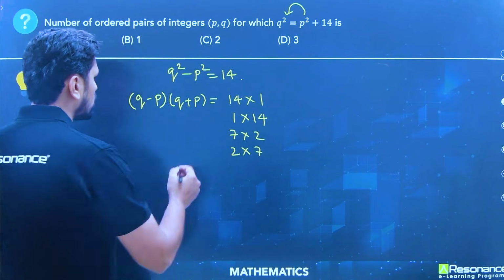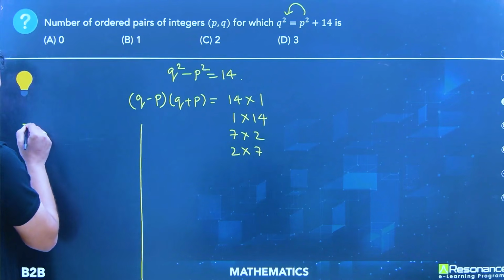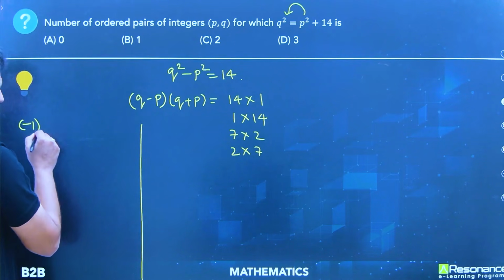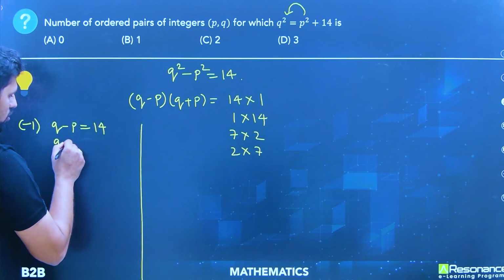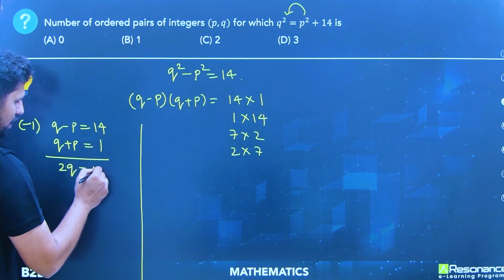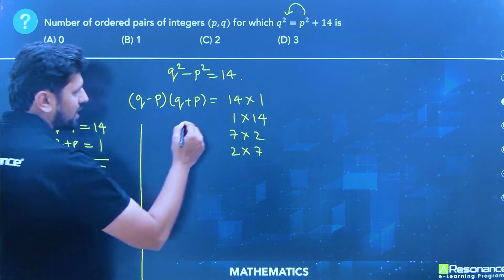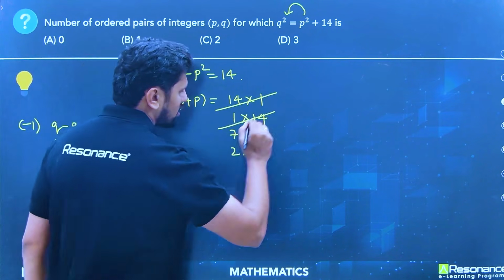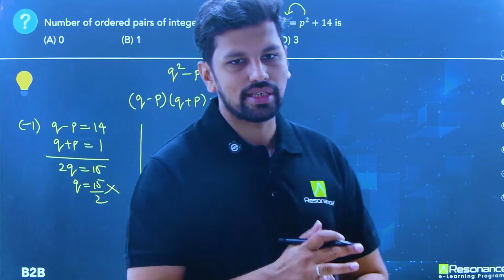So just start with the cases. Case number 1 is q minus p equal to 14 and q plus p equal to 1. When you add these two, you get 15. So q equals 15 by 2, which is not an integer. So this and this got cancelled.